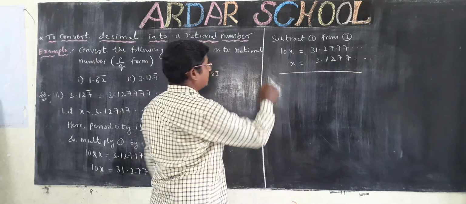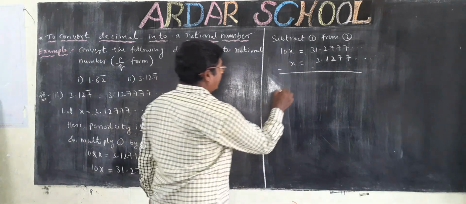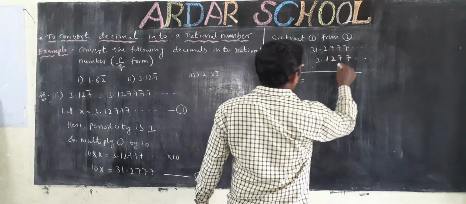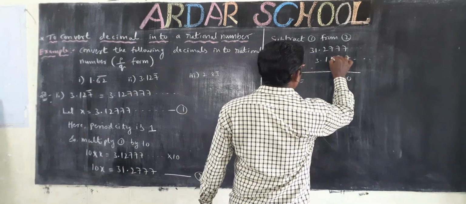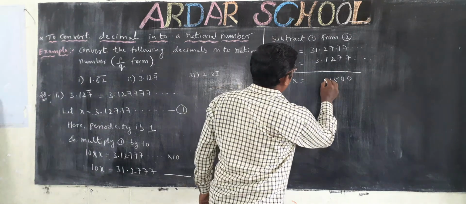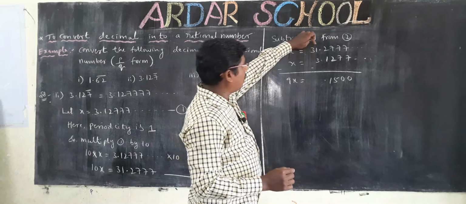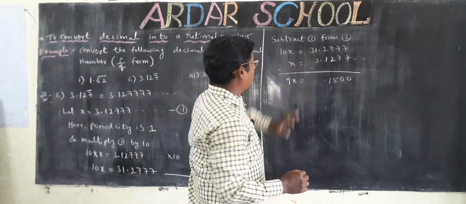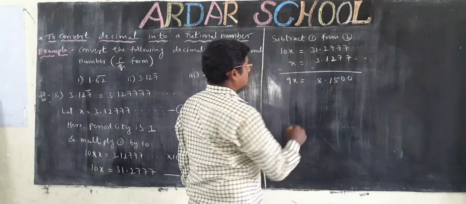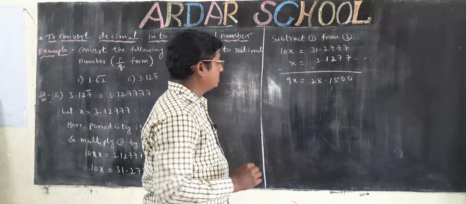Now we have to subtract. 10x minus x is 9x. 9x is equal to, here 7 minus 7 is 0, 7 minus 7 is 0, 7 minus 2 is 5, 2 minus 1 is 1, decimal point, 1 minus 3 is not possible, take borrow, 11, 11 minus 3 is 8, here 2 is left, so 28.15.